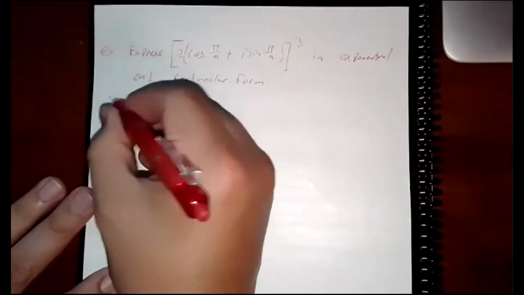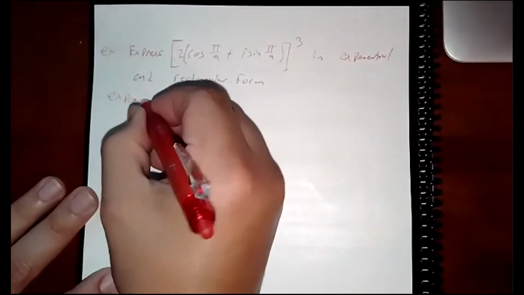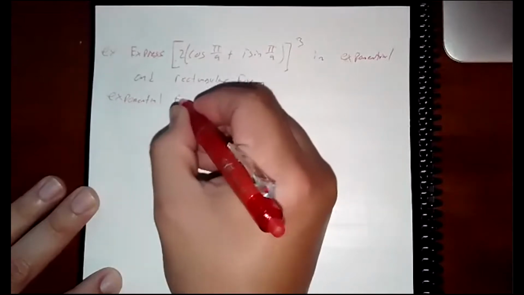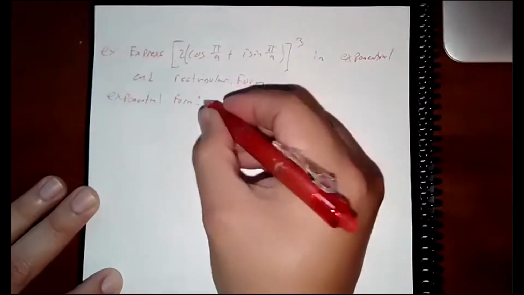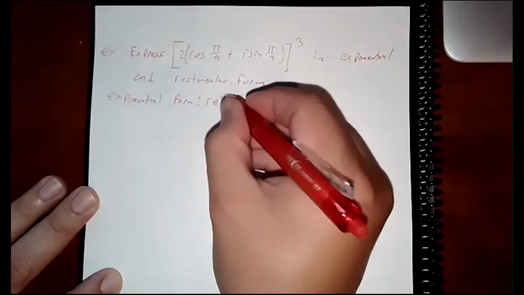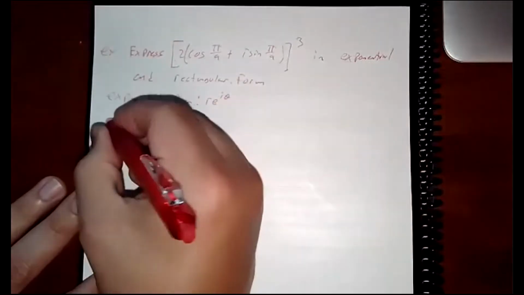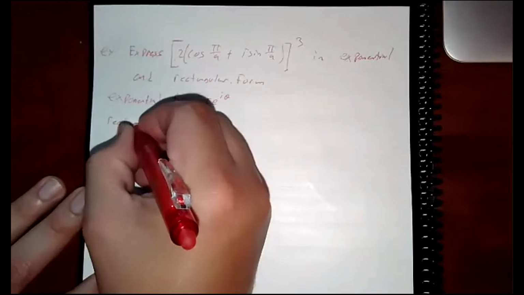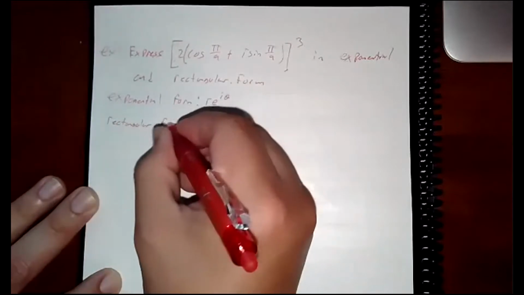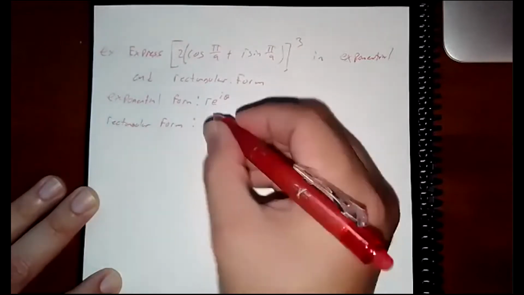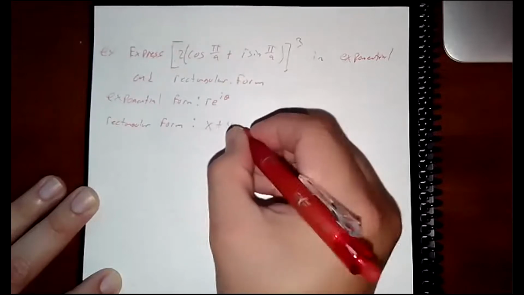Okay, so I'm gonna go write a note here. Exponential form is r e to the i theta. Rectangular form is x plus yi.